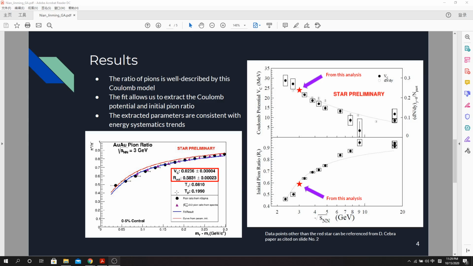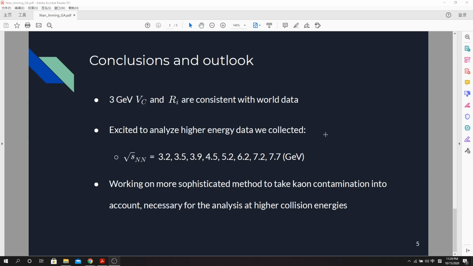The Coulomb model described the ratio of pions pretty well, and the fit allows us to extract the Coulomb potential and the initial pion ratio. As you can see on the plot on the right, the extracted parameters are consistent with the energy systematics trends.